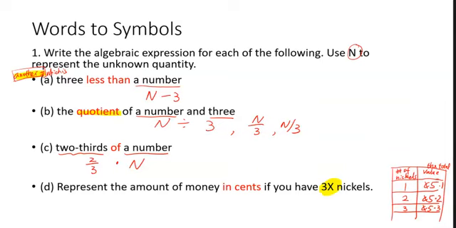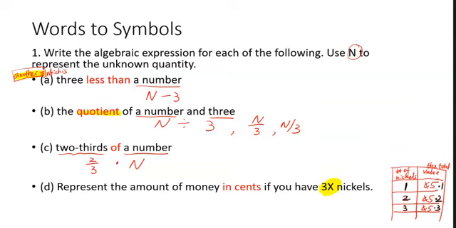So the total value depends on the quantity, how many. So if it's 1 times 1, if it's 2 times 2, if it's 3 times 3. And the first number doesn't change, which is the value of 1 nickel. So we always take 5, that's the value of 1 nickel, multiplied by how many we have.